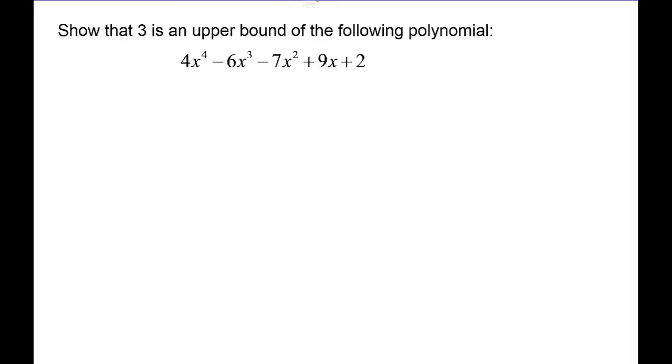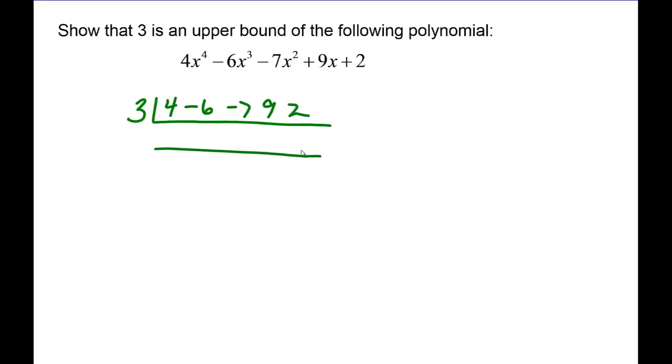Let's show that 3 is an upper bound of this polynomial. So again, we do our synthetic division operation. 4, -6, -7, 9, and 2. We'll list all our coefficients and we begin our division. So 4, then 3 times 4 is 12.